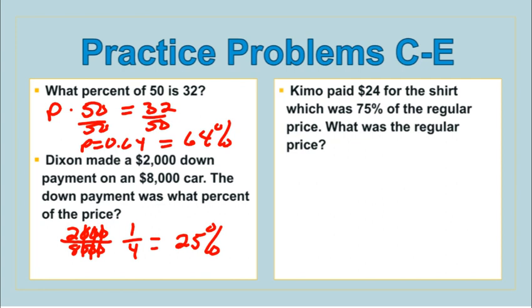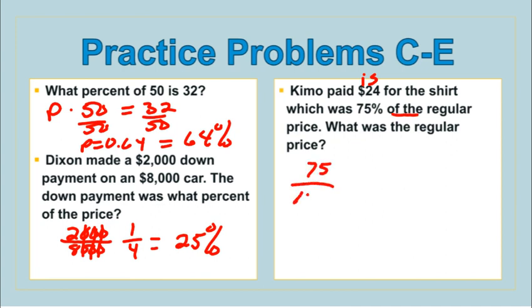And Chemo paid $24 for the shirt, which was 75% of the regular price. What was the regular price? So if they paid 75% of the regular price, let's think of it this way. The is 24. We're trying to find the of.